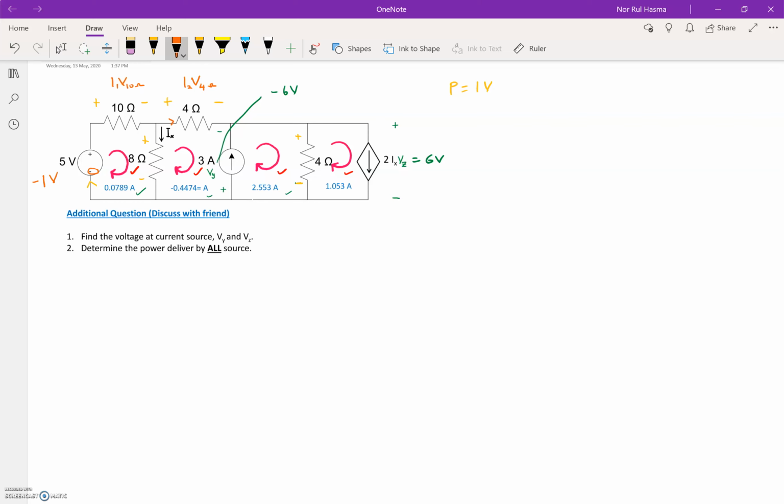For the 4 ohm, you have to know the current that enters the 4 ohm resistor. So I choose this one as a positive IV, and then I 4 ohm and V 4 ohm.